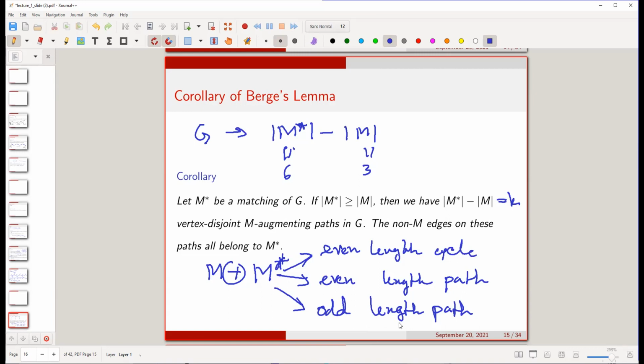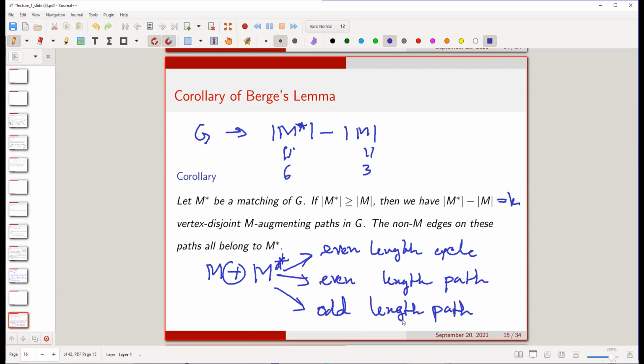Each of these paths is pairwise vertex disjoint because they basically create a component, and each of these odd length paths basically gives us an M augmenting path in G. That's why we are going to have k vertex disjoint M augmenting paths.